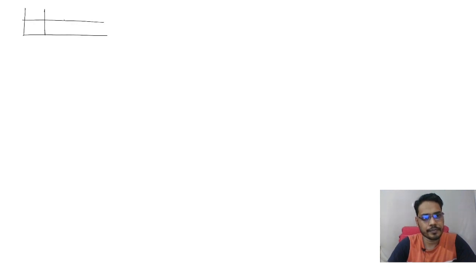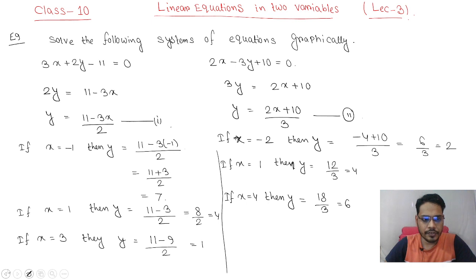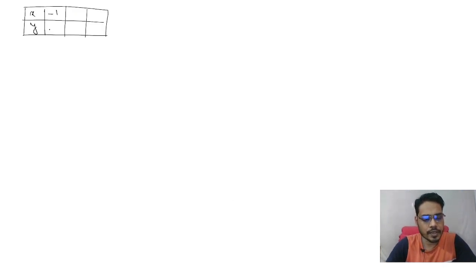Now put the values in the table. So following the first table, x, y. If x is minus 1, then 7. If x is 1, then 4. If it is 3, then 1.